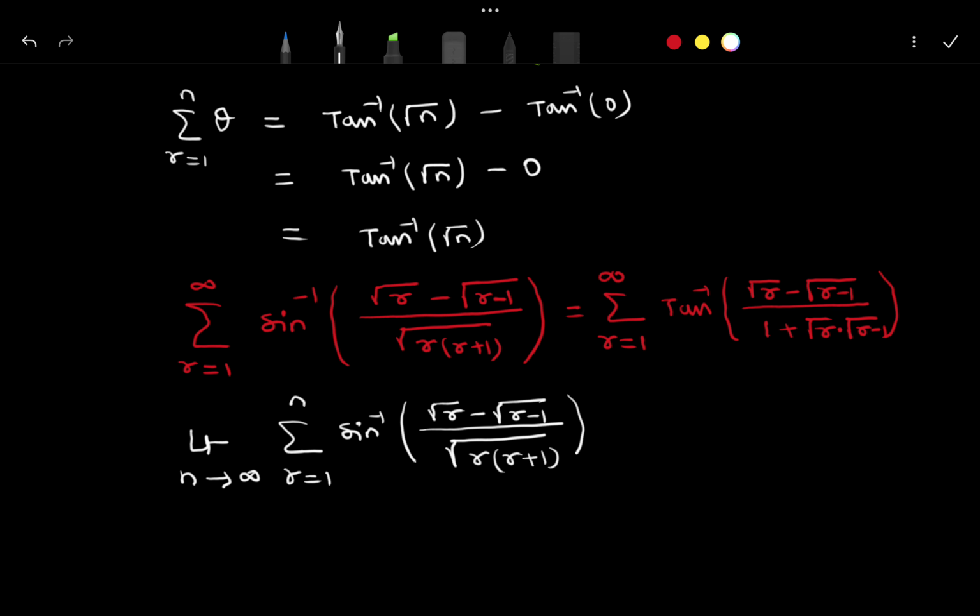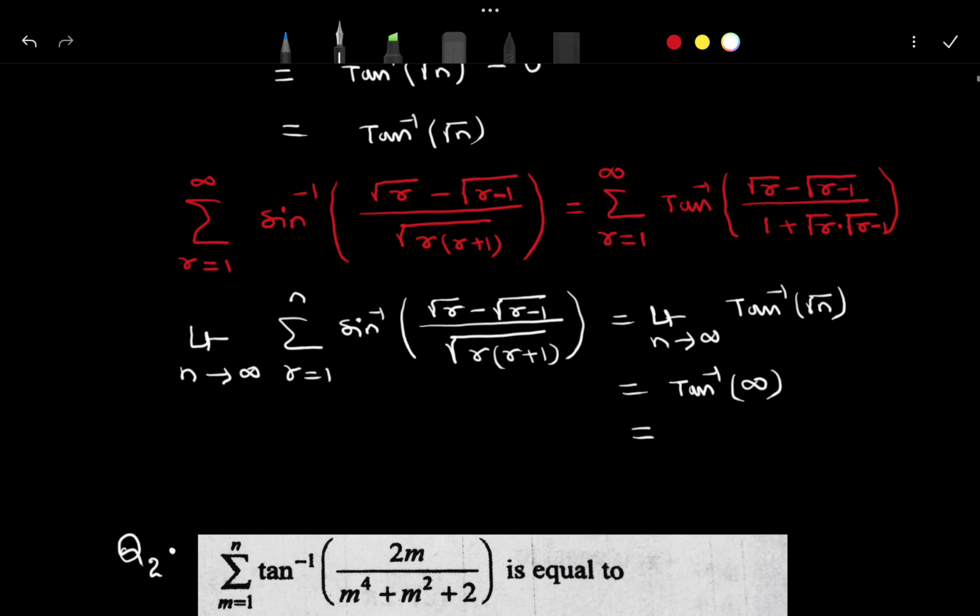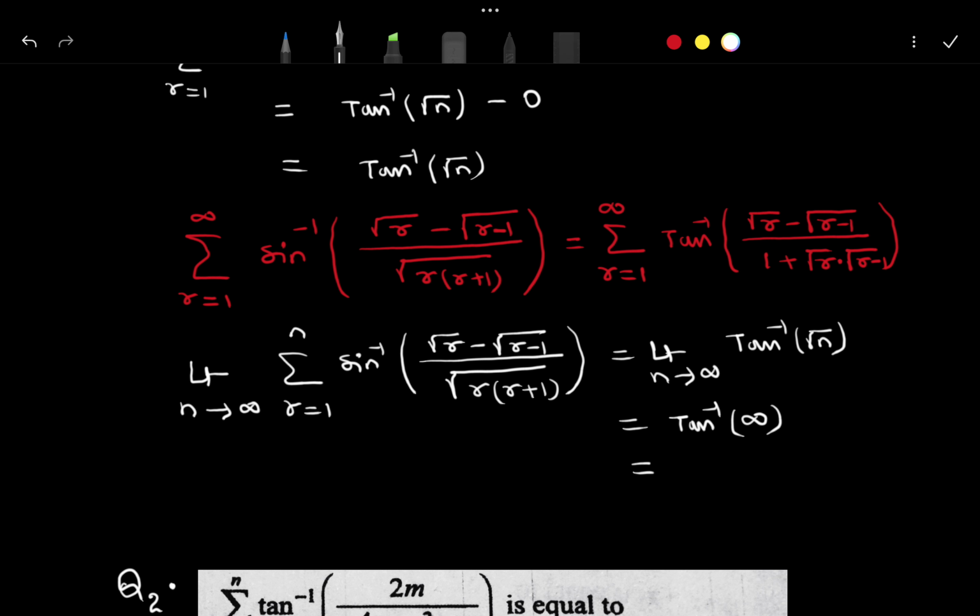How much is the value of the sum? It is the limit as n tends to infinity of tan inverse of square root of n. Substitute n equals infinity: tan inverse of infinity. For what angle is it infinity? 90 degrees. So your answer will be pi by 2.